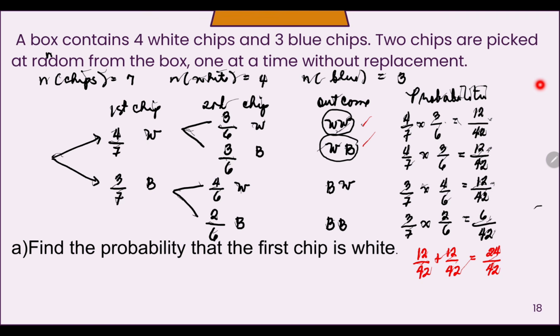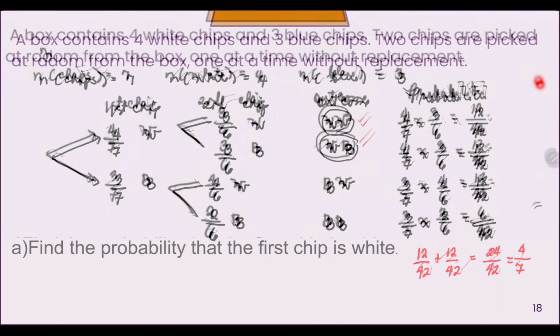These still may be reduced. What will be our reducing factor? That would be 6. But it's okay if we already have 24 out of 42. So we have 24 divided by 6 is 4, and 42 divided by 6 is 7. So the probability that the first chip is white is 4/7.